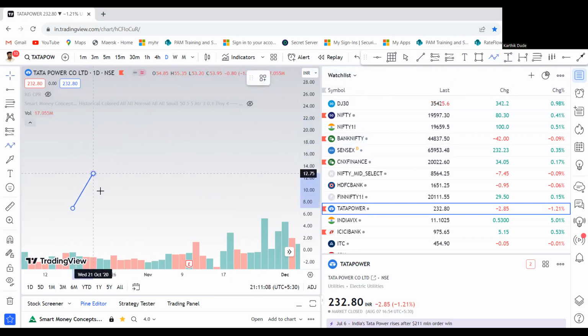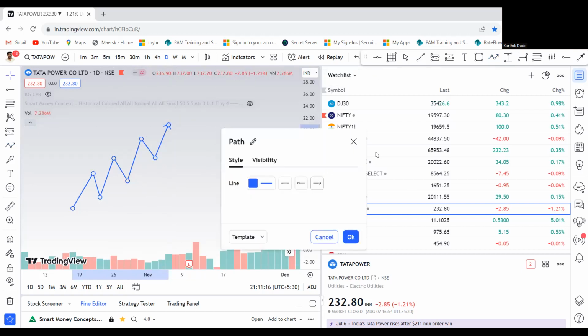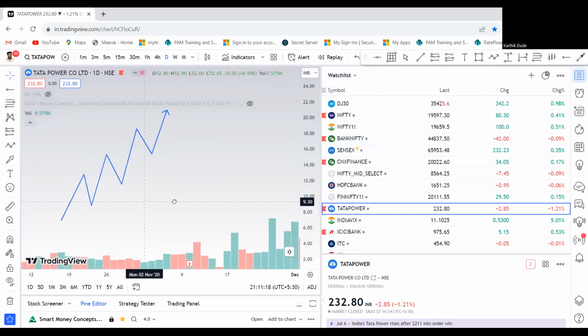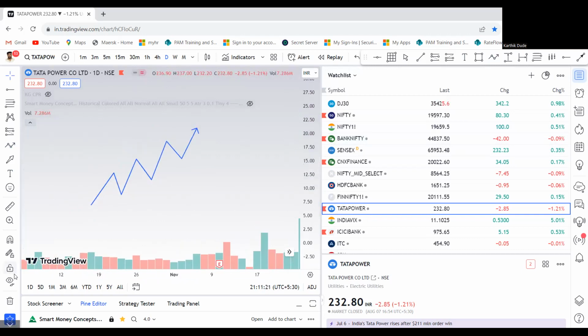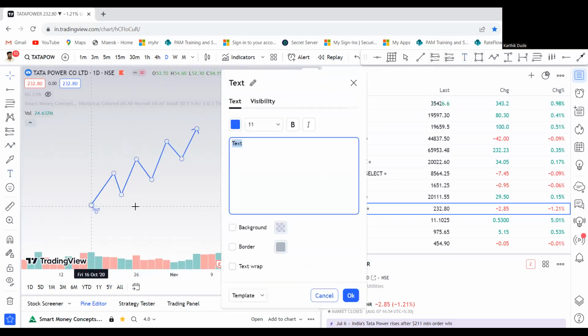The market will go up, down, go up, go up, down. So this is how a bullish market looks. How will you say it's a bullish market? Basically, we call this one a lower low.